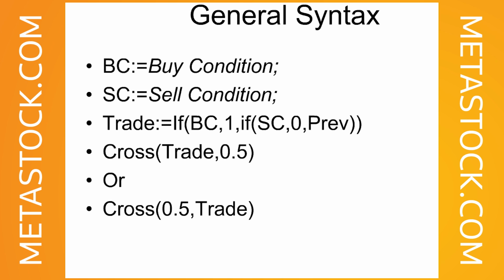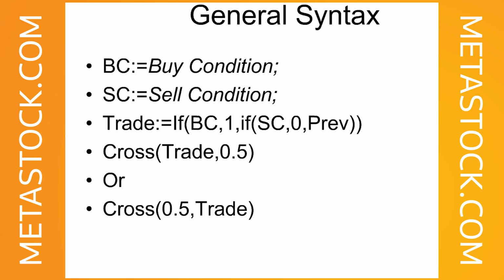Excuse me, I have one extra value in there, so we'll take that out. And we'll do our previous. And I'm sorry, in the graphic, it does not show the semicolon at the end of the trade variable. Just note that you need to have the semicolon at the end, so I'm going to go ahead and add that.